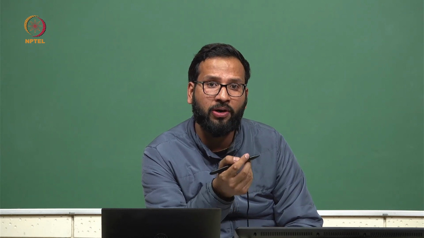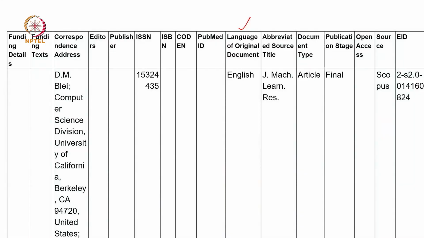Then we can analyze the different language documents. If we are doing the analysis on a particular domain, we can analyze what different kinds of language documents are published in that domain. Then we can do analysis on document type.